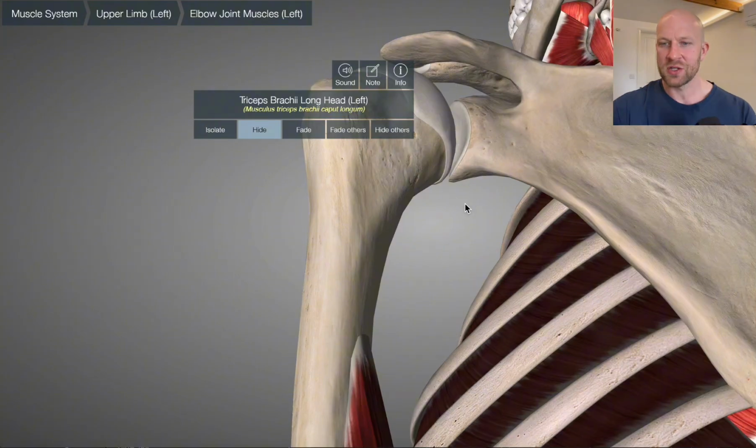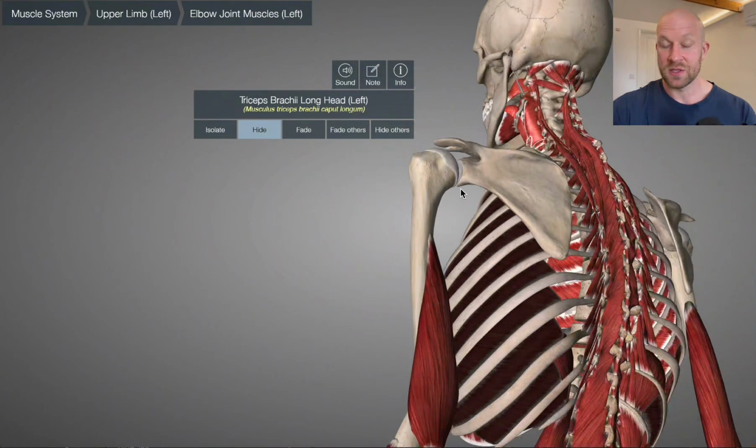So that little projection at the bottom of the socket of the shoulder. So of course it acts on the shoulder. If biceps brachii, long head, flexes the shoulder, then long head of triceps brachii is probably going to extend the shoulder, isn't it? And that's exactly what it does. So it extends the shoulder, it also adducts the shoulder joint, and it extends the elbow.